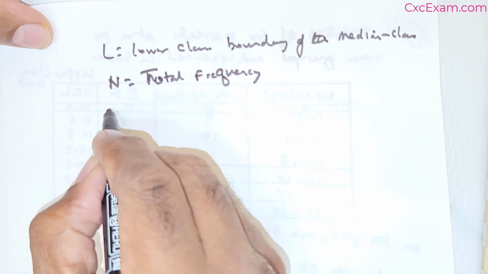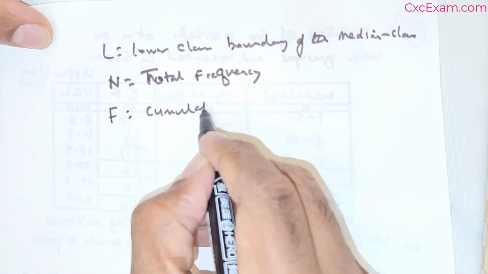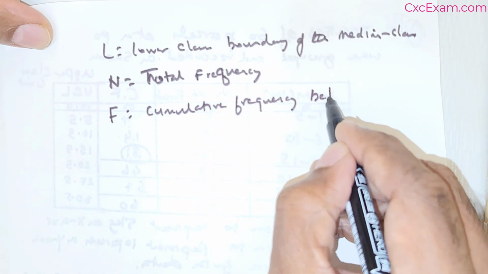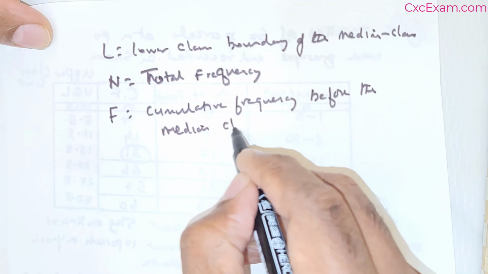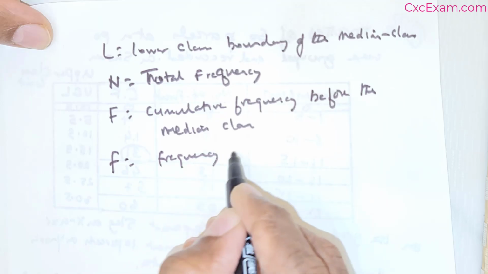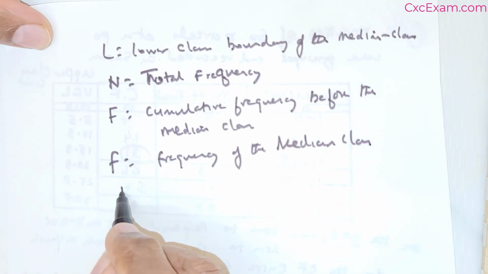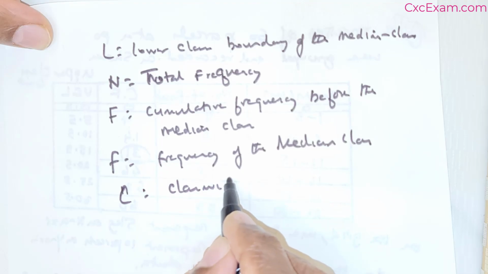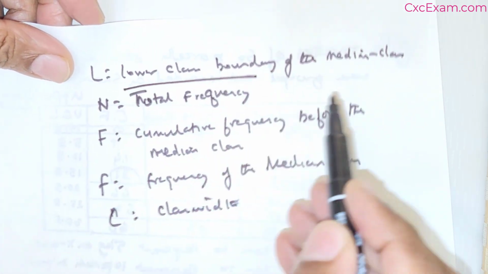L, N, F is the cumulative frequency before the median class, and small f is the frequency of the median class, and C is the class width. Okay, so L is the lower class boundary of the median class.